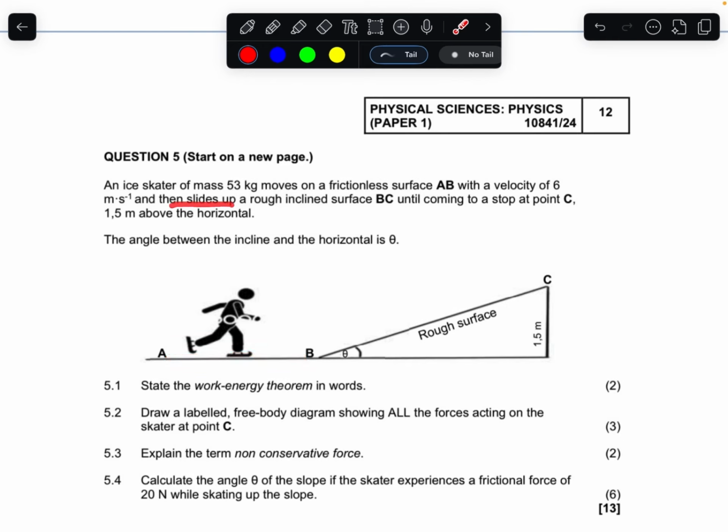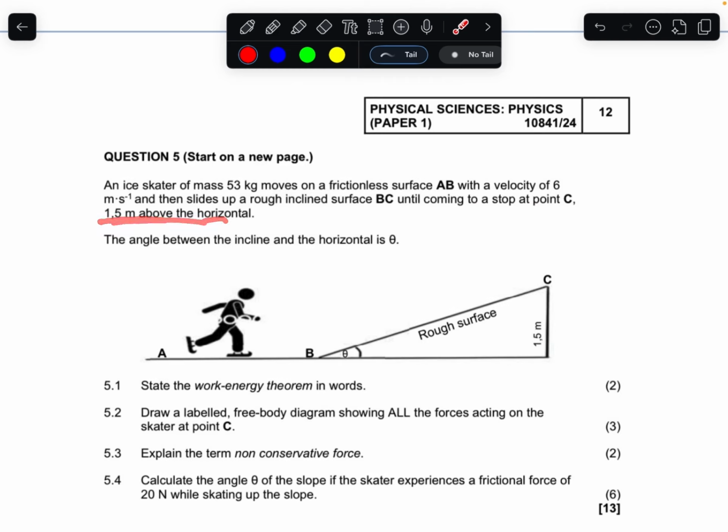And it slides up a rough inclined surface BC, which means there's friction there, until coming to a stop at point C. So the velocity here is 0.